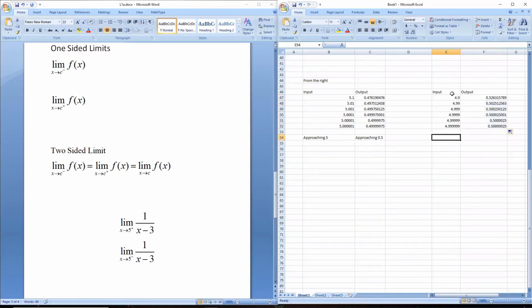So again, we chose the inputs to approach 5. We chose them that way because the problem told us to do that. And now we observe the outputs, and we can see the outputs are approaching 0.5. So notice, from the right and from the left, both of these limits approach the same value.